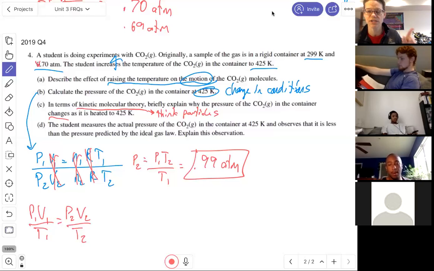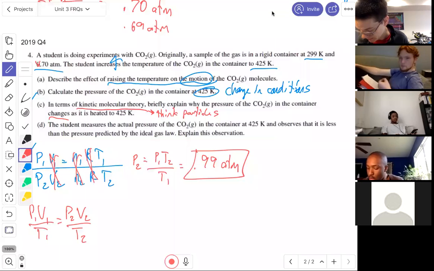No, as long as they're at the same conditions. But if you started trying to change the temperature, the pressure inside the balloon would not change because it is flexible, but the pressure inside the rigid thing would. Okay.